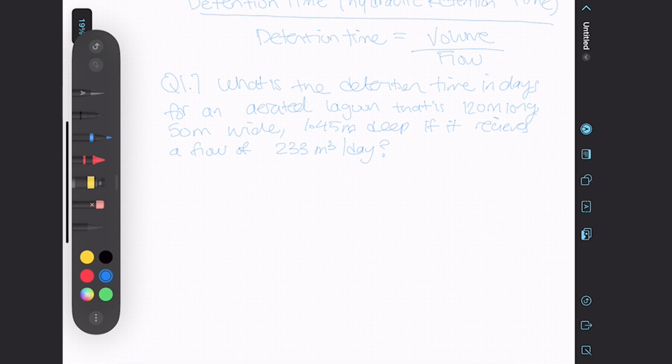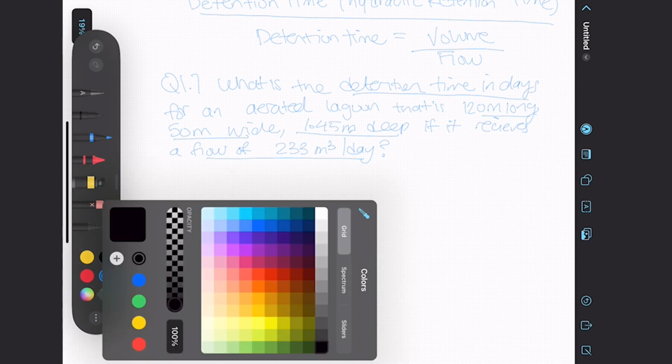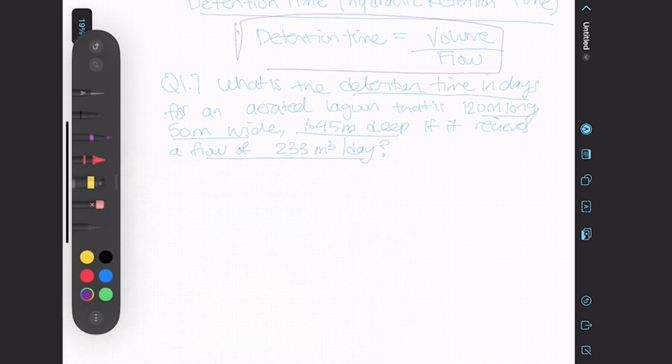All right, so the first question we're going to look at is asking, what is the detention time in days for an aerated lagoon that is 120 meters long, 50 meters wide, and 1.45 meters deep if it receives a flow of 233 meters cubed a day? Now, remembering our detention time formula is up here, so I'm going to write it down here as well.